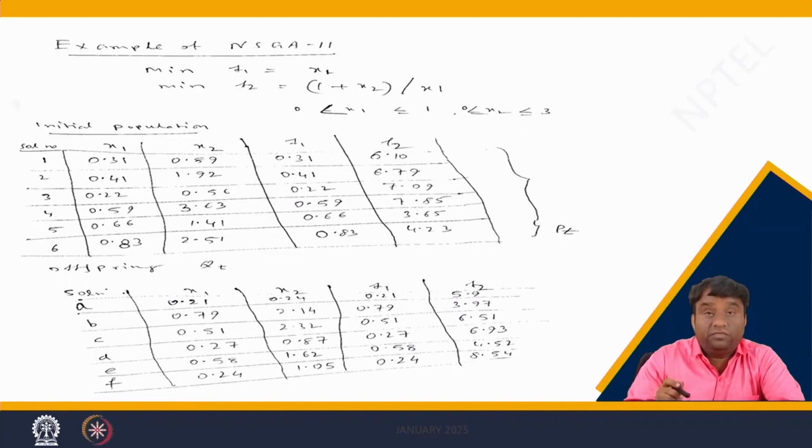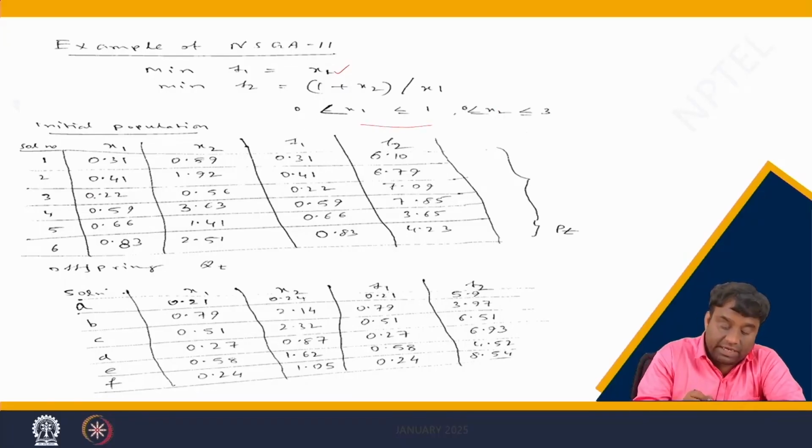One example of NSGA-II: here we are solving one question, which is minimize f1 equal to x1, minimize f2 equal to 1 plus x2 by x1, where x1 belongs to 0 to 1 and x2 to 0 to 3. From the entire range we select some initial solutions, that is solutions number 1, 2, 3, 4, 5, 6.